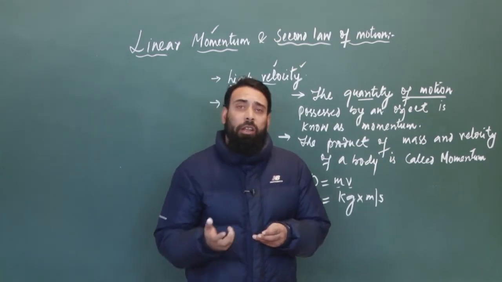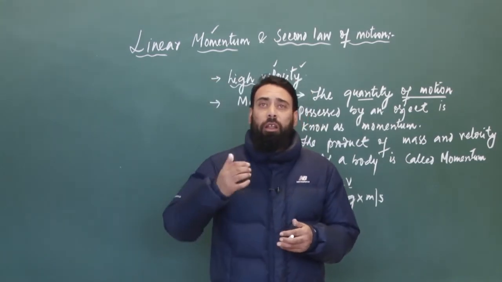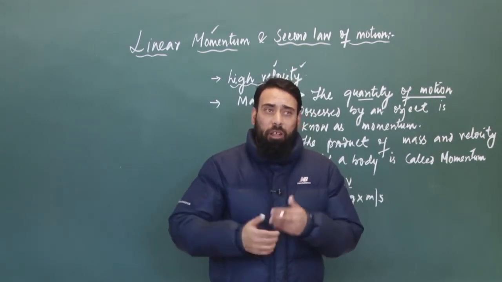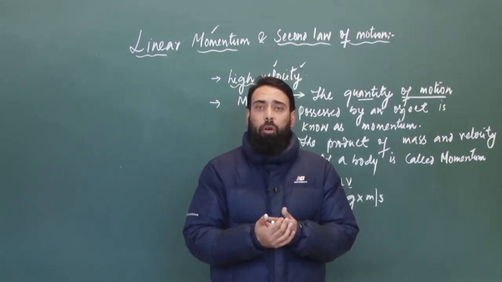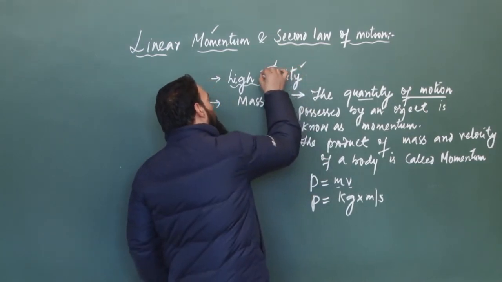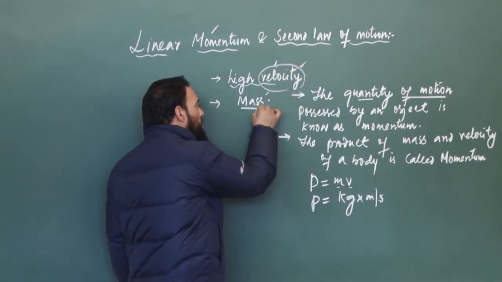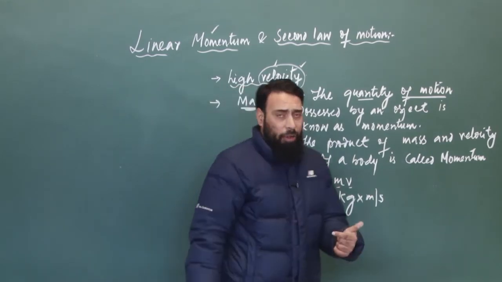And that quantity, how much a body can move, what is the total motion of the body, the amount or quantity of motion of a body, is decided by two important factors. One, it is decided by the velocity of the body, and second, it is decided by the mass of that body. And I have given examples.